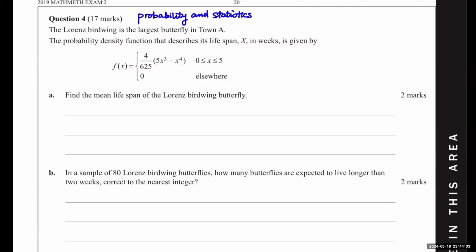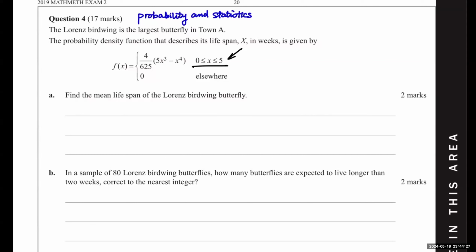The probability density function that describes the lifespan x in weeks is given by 4 over 625 times 5x squared minus x to the power 4... from 0 to 5. So the lifespan in weeks is a continuous random variable measured in weeks. And elsewhere, it's just a 0 probability.